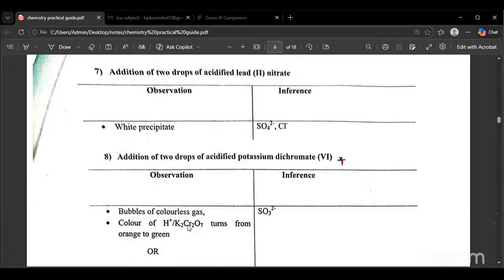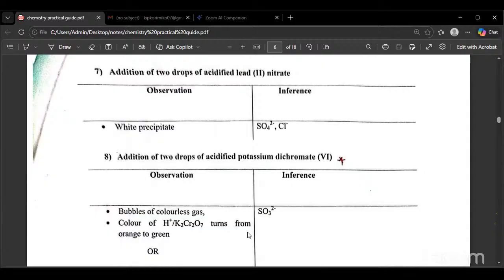Of course, another observation is bubbles of gases. So we'll have the sulfite ions. Sulfate can be here, by the way, but mostly we normally use oxidizing agents. What is the function of an oxidizing agent? I talked about oxidizing agents previously. Is it undergoing reduction or oxidation?